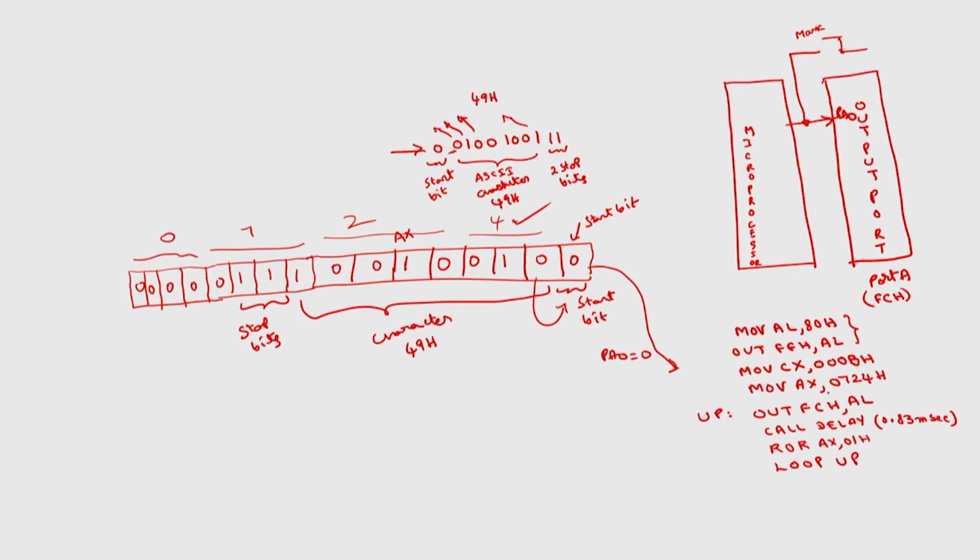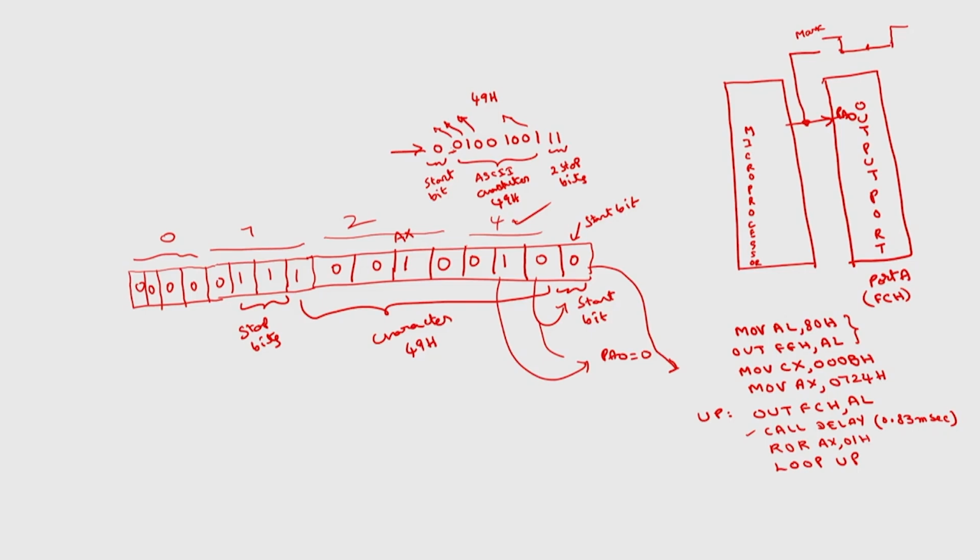Now, what happens? The second bit 0 will be transmitted for 0.83 milliseconds because the delay is there, then again another shift. So, this 0 will come to the LSB position, then this 1 will come to the LSB position, and this 1 will be transmitted for 0.83 milliseconds. Like that this sequence will be outputted.